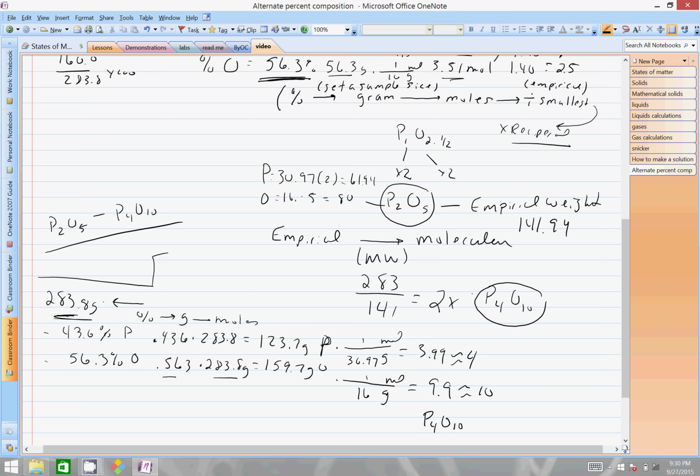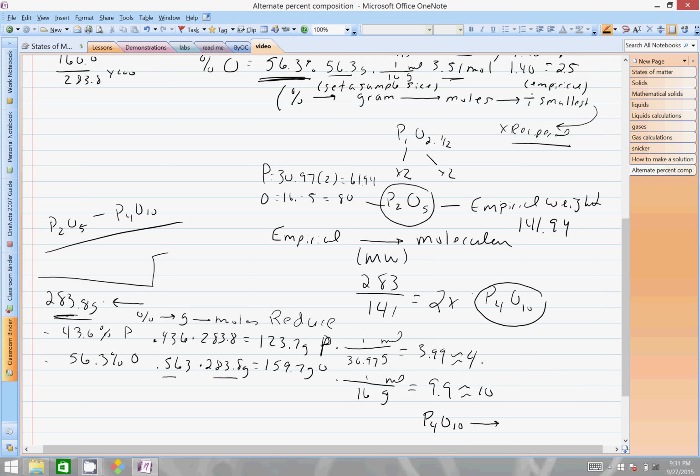P4O10. If I continue to the next step of dividing, just like the last problem, it sets my smallest one to one, or creates an empirical formula. I can't really divide here, I guess I should say. Rather than divide, I am going to reduce.